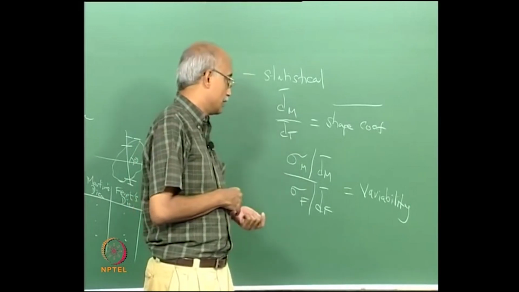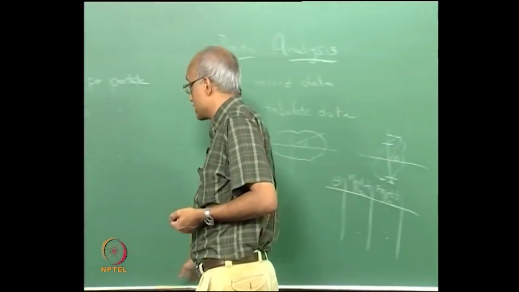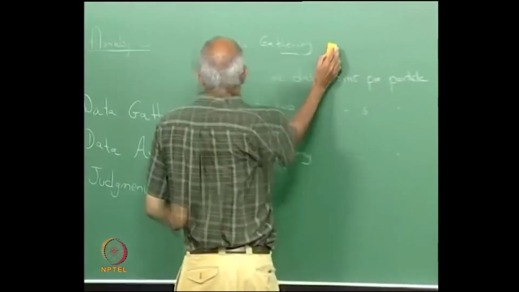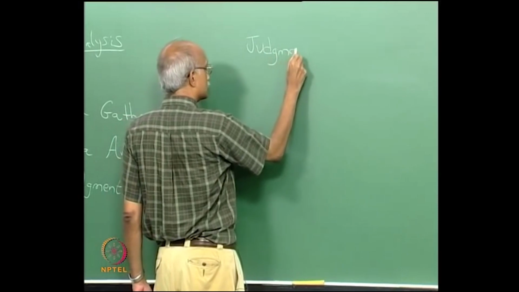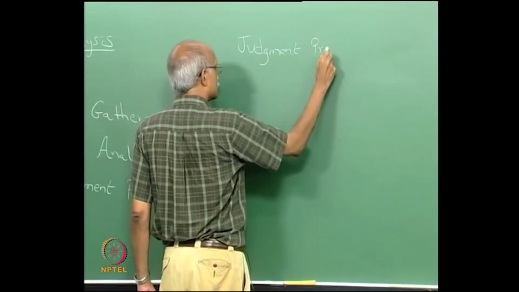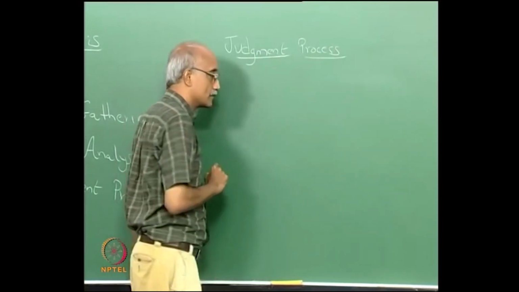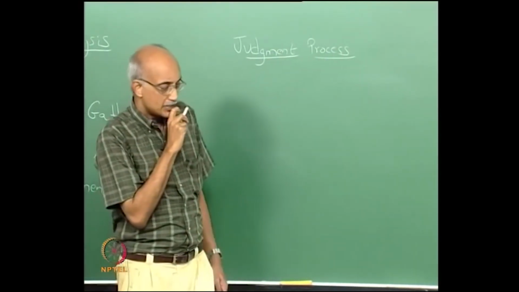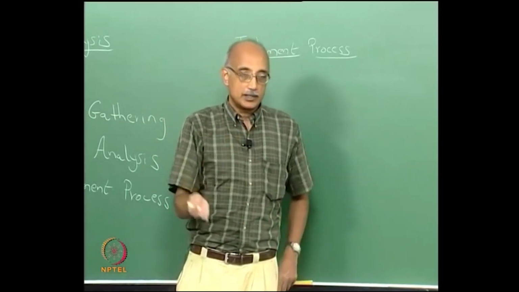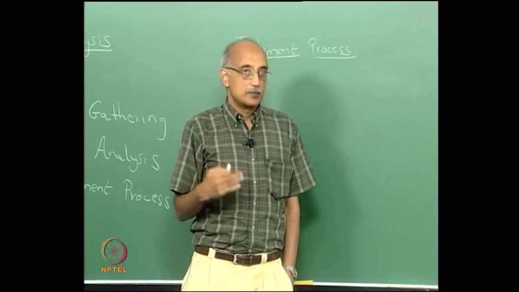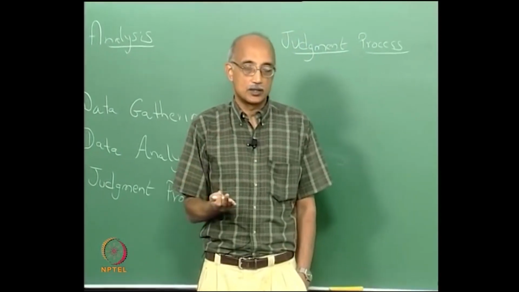Okay, let's talk about the third aspect now, and that is the judgment process. Now at some point you are going to have to stop your data gathering and your data analysis, and you are going to have to sit back and say, okay, now that I have done this, what is the shape of the particle that I am looking at, right?